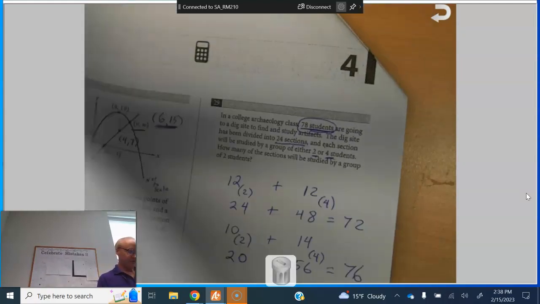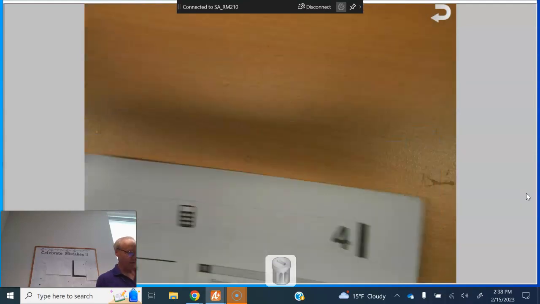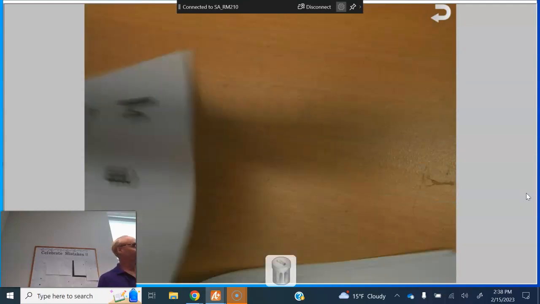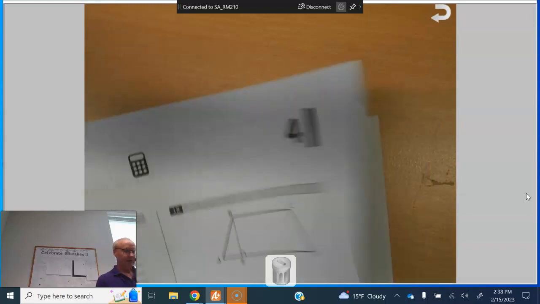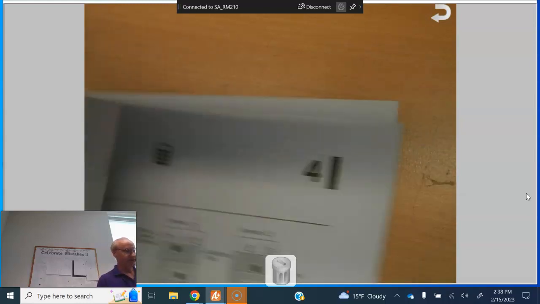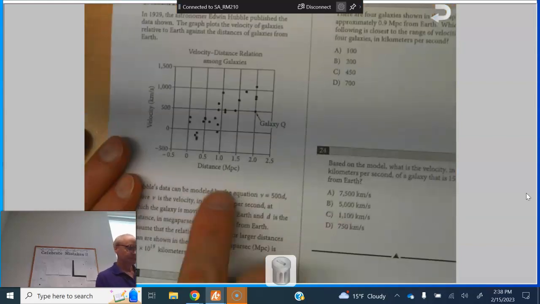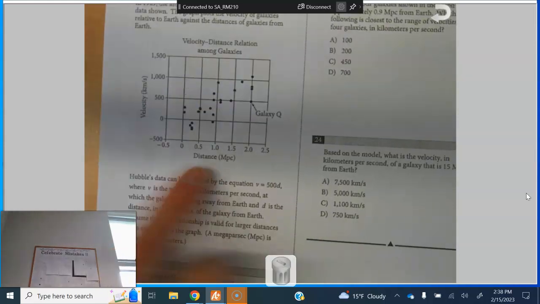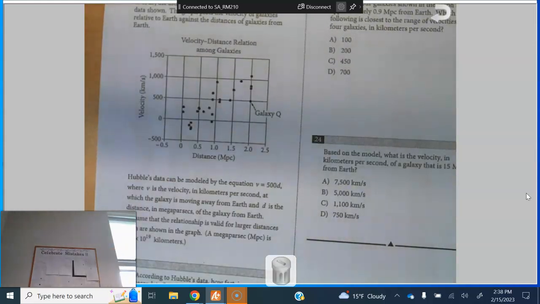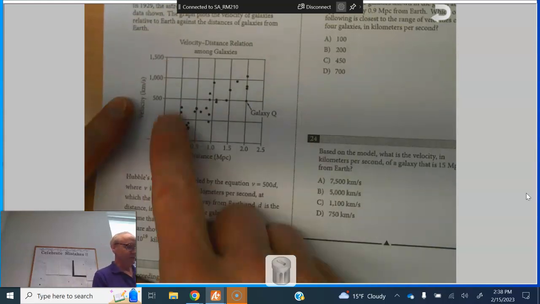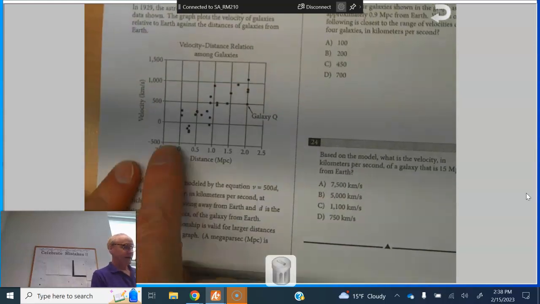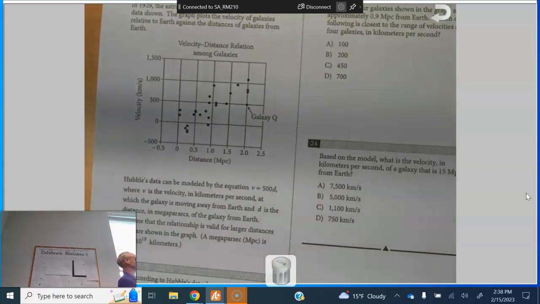And they love to do these kinds of problems like this one, where they give you this graph that the average person would never be able to interpret or understand very well. This is distance in megaparsecs to the nearest galaxy, or to the galaxies, and the velocity in kilometers per second that they're moving away or toward us. If it's a negative velocity, it's moving toward us, I'm assuming, and a positive velocity would be away from us.